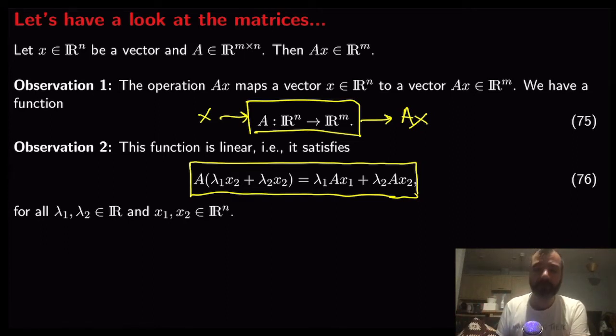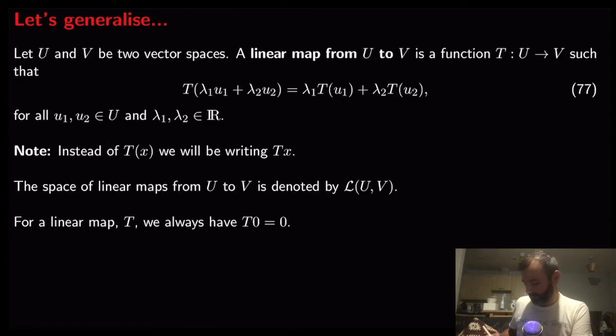What function? A linear function from Rn, from which I'm taking an element x, towards Rm, the output of the matrix. Think of them as functions, as Python functions, as MATLAB functions, as whatever you like, as machines.